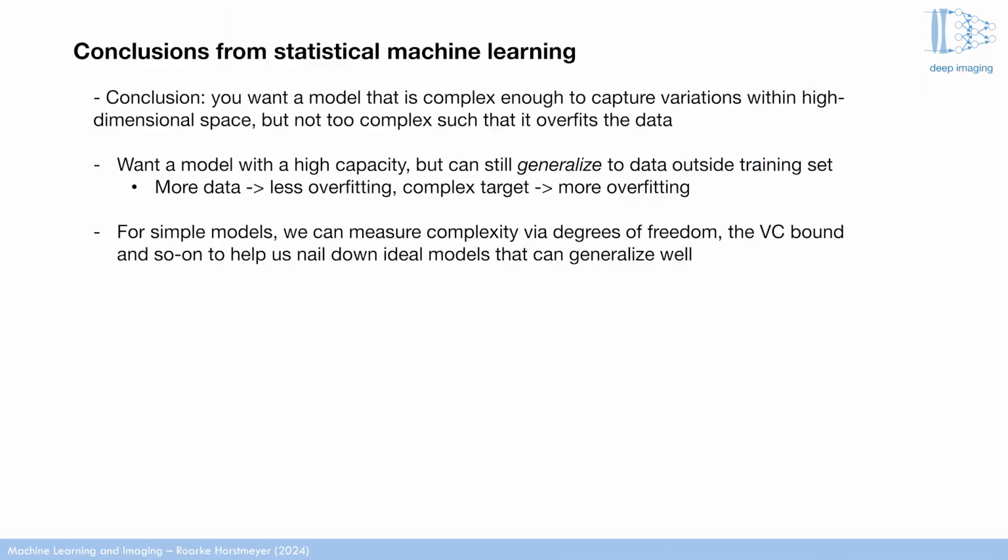So the real conclusion is you want a model that is complex enough to capture variations within that high dimensional space, right? To carve out the red and green circles, but not too complex. You don't want to overfit the wiggles. You want the model to not wiggle too much because you want it to generalize to unseen data.